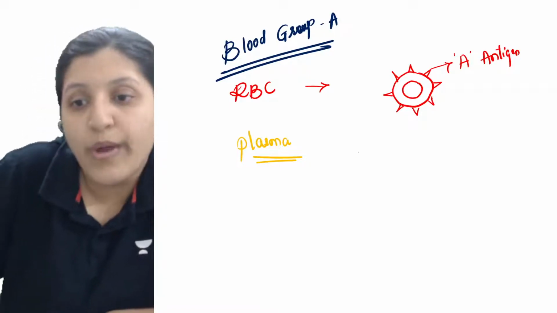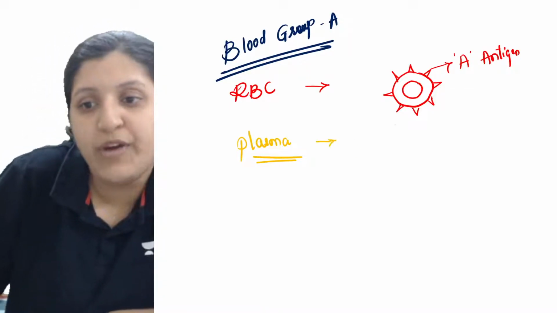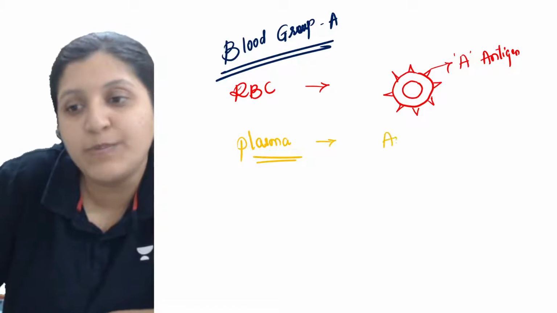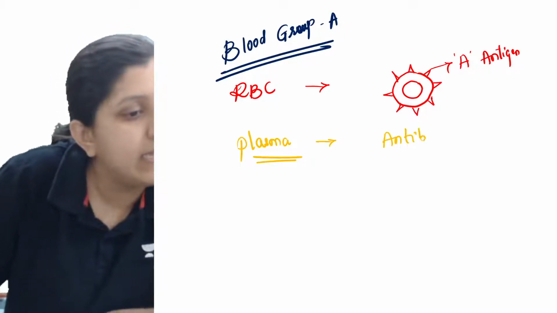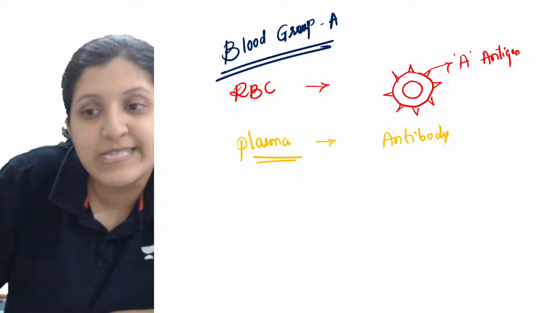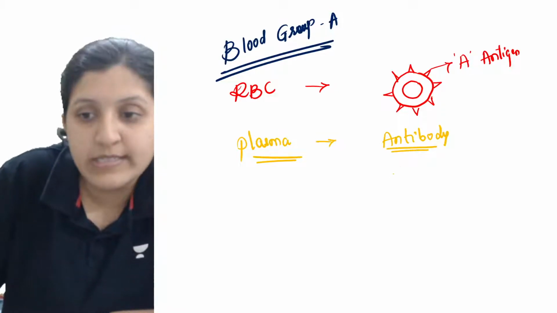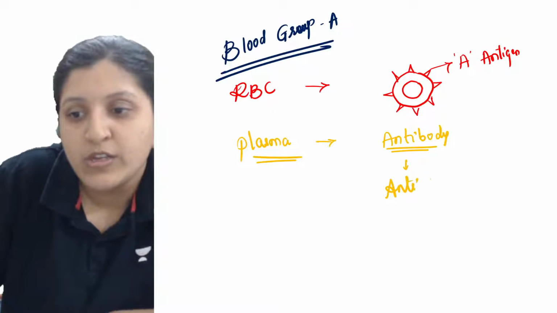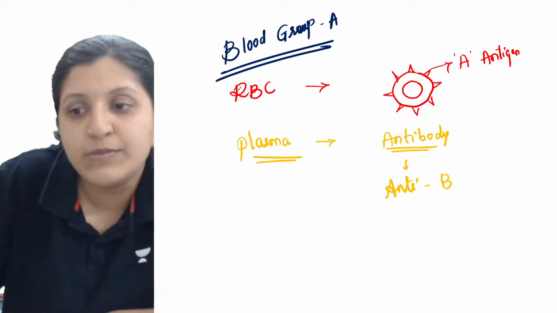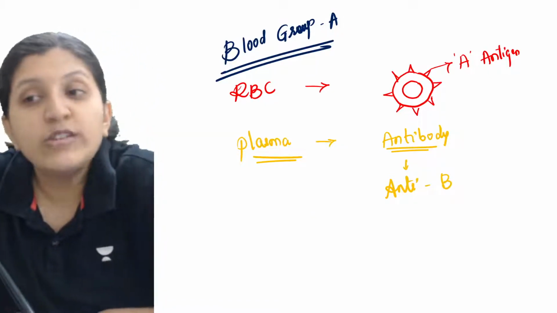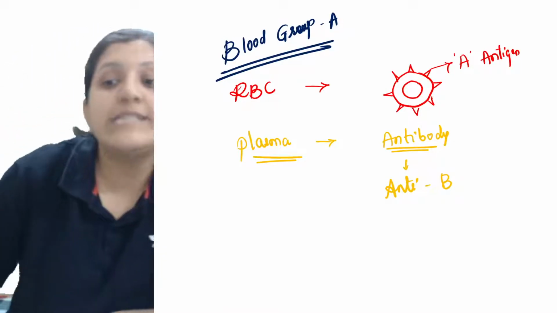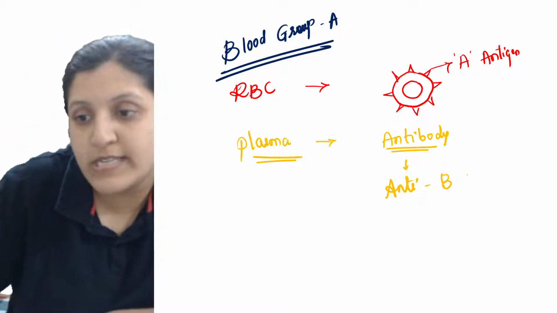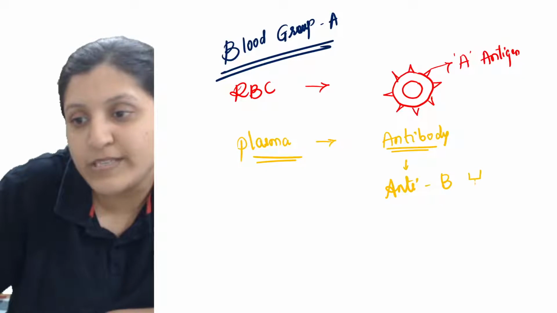In plasma you can find an antibody, and this antibody in the plasma is basically anti-B antibody. That is mainly because of the structural variation. Let's say this is the anti-B antibody structure.